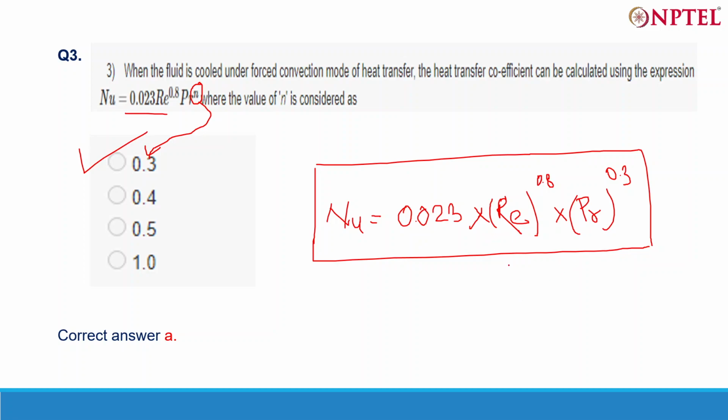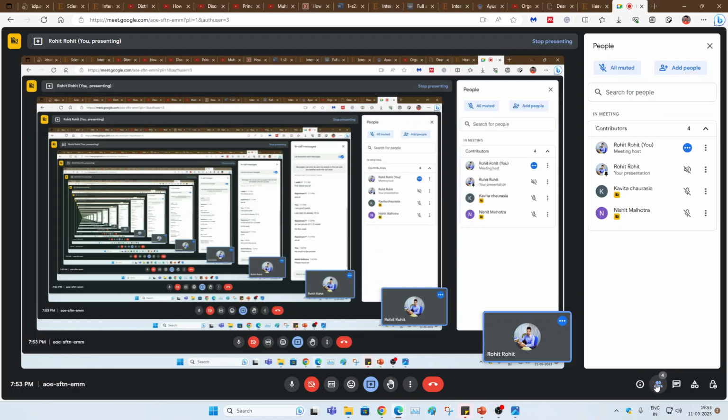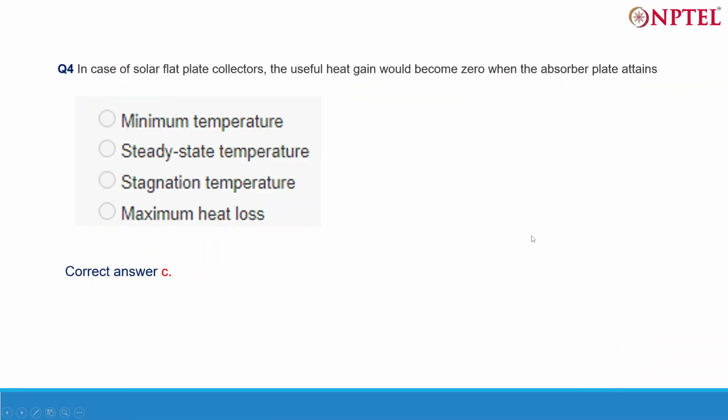Okay, so were you able to adapt this equation and solve the questions discussed previously? So let's move to the next question now.